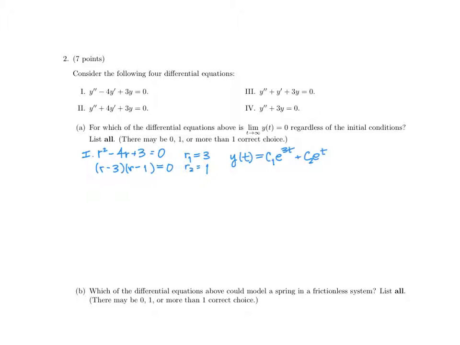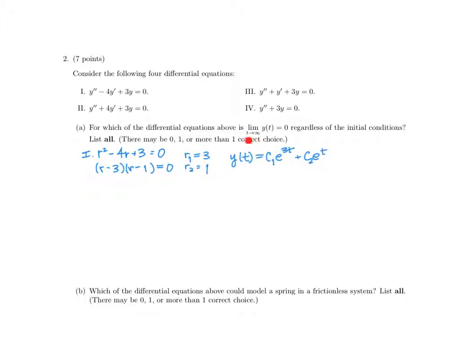minus 4r plus 3 equals 0. The roots are two real roots. They're 3 and 1, which means that our general solution is going to look like a linear combination, c1 e to the 3t plus c2 e to the t. Now, regardless of what c1 and c2 are, as t grows without bound, these terms will grow without bound in terms of magnitude.